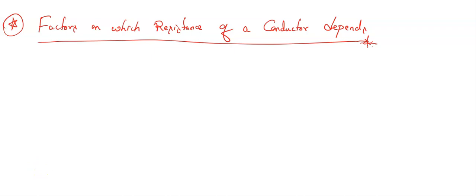Okay, see children, here resistance depends upon what? When it will increase, when it will not increase, if it has to increase, on which it is depending. That is what we are going to study. See children, case 1, point number 1, the resistance of a conductor is directly proportional to its length.